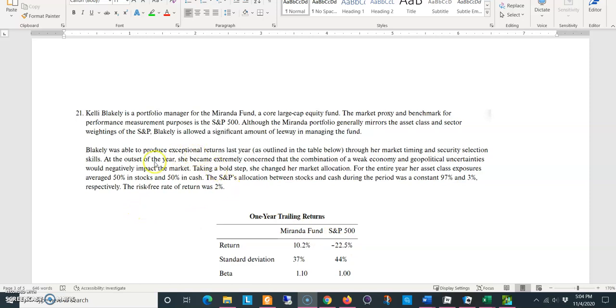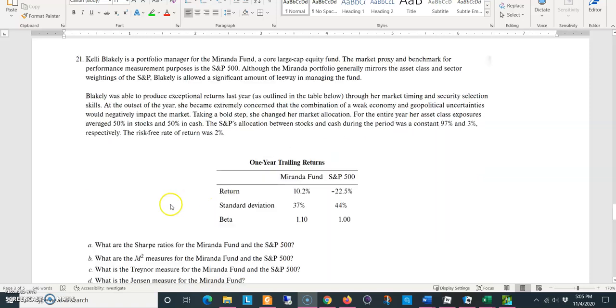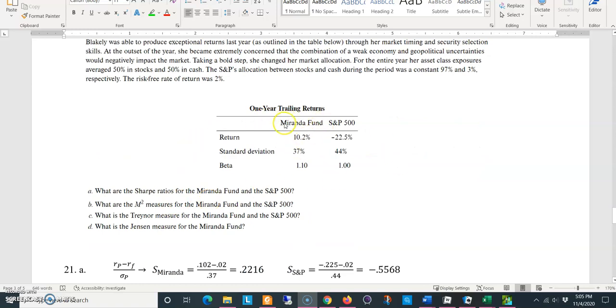What the manager did was change the market allocation, investing 50% in stocks and 50% in cash, whereas for the S&P it was 97% stocks and only 3% in cash. The RF is given to be 2%. So here is the information for the fund and for the index.